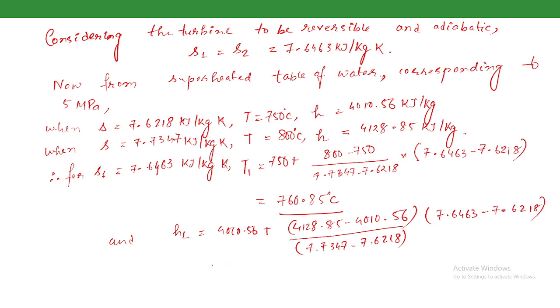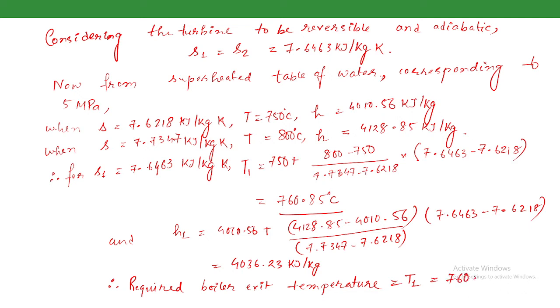So this value comes out to be 4036.23 kilojoule per kg. Therefore the required boiler exit temperature is T1 equal to 760.85 degrees Celsius. Okay, so this is the boiler exit temperature.